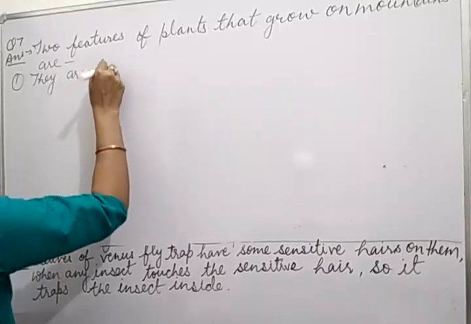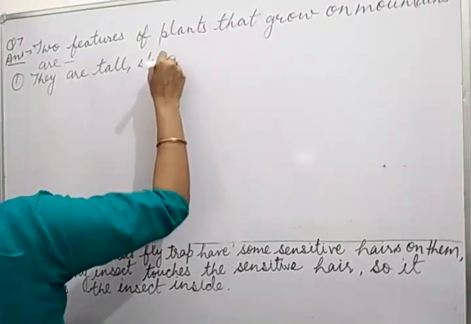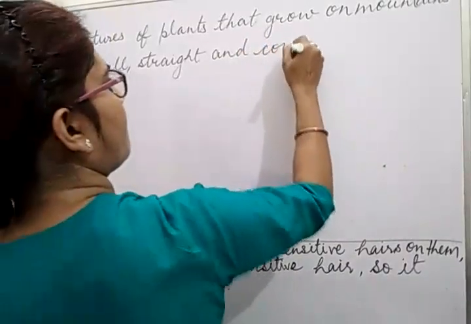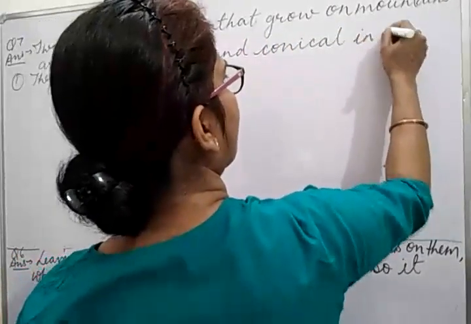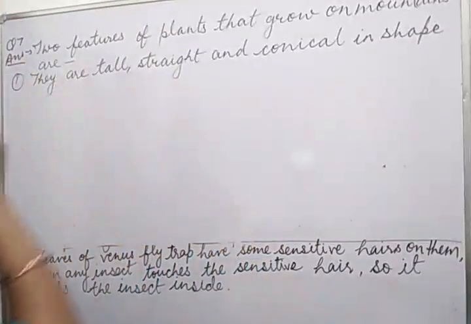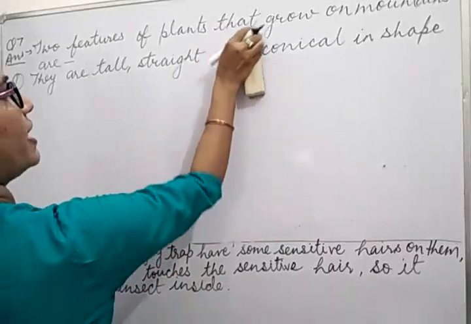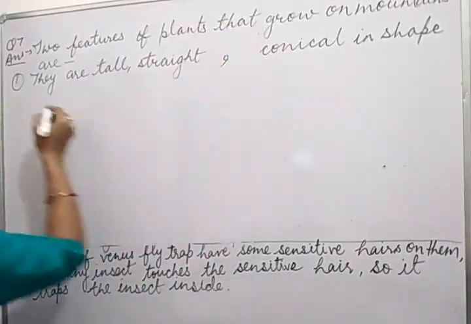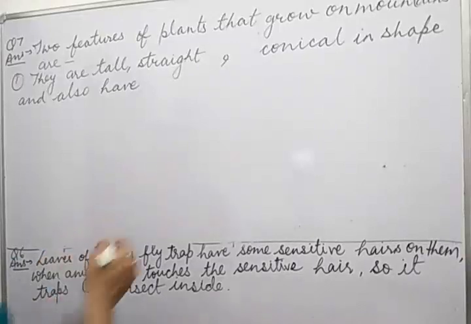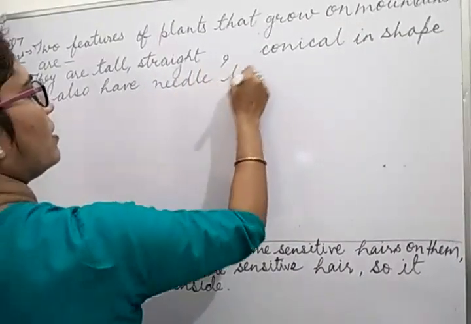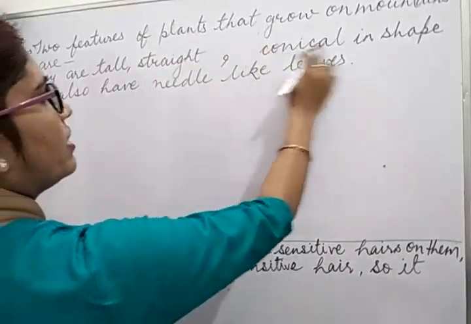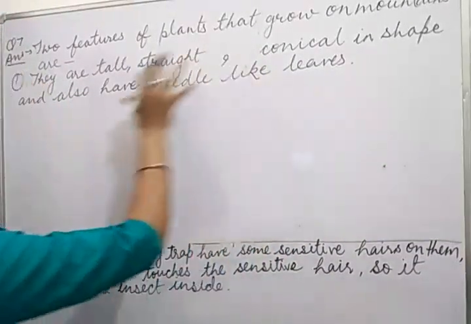They are tall, straight, conical in shape and also have needle-like leaves. This is the first feature.